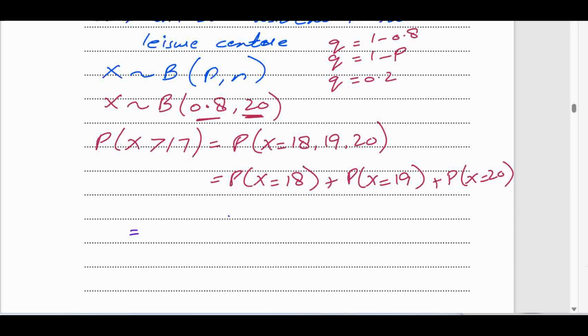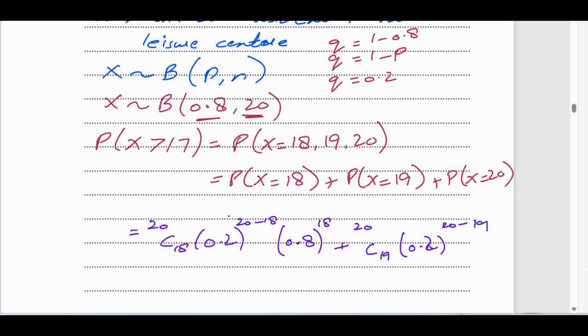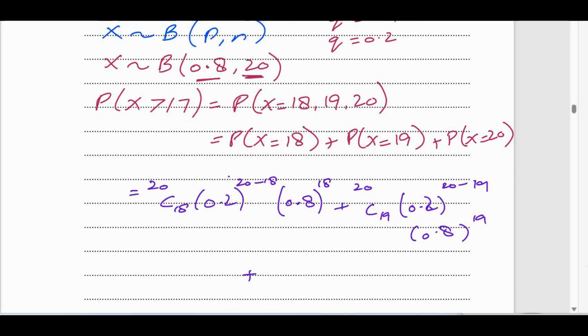Now for NCR means 20 C 18 into 0.2 power 20 minus 18 into P, which is 0.8, whole power 18, plus 20 C 19 into 0.2 power 20 minus 19 into 0.8 power 19, then plus 20 C 20 into 0.2 whole power 20 minus 20, 0.8 power 20.